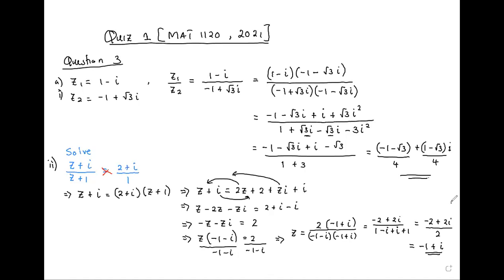The next question is B. Rationalize the denominator: 3 plus the root of 2 over 3 root 2 minus 1.